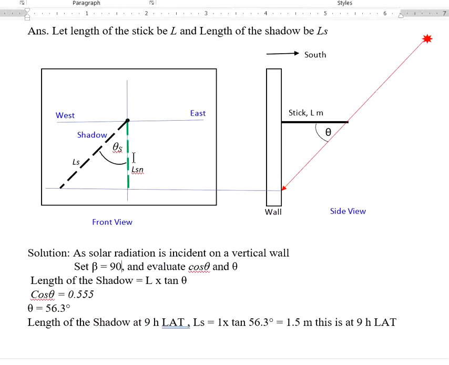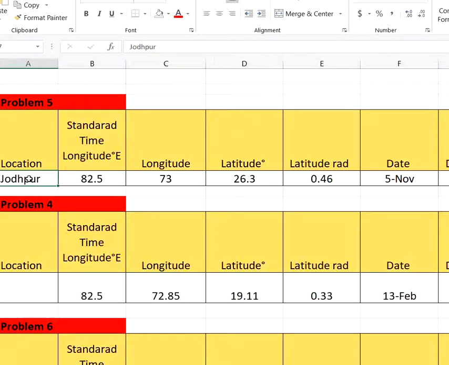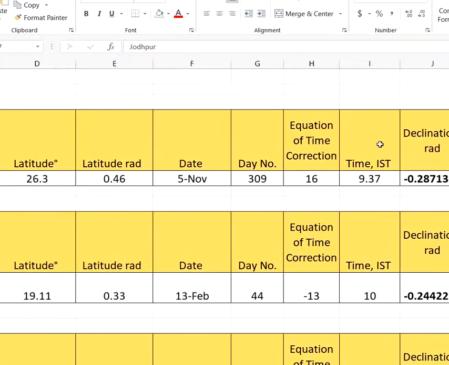Now this is a side view. The sun is coming here and it is giving theta. At the given time the sun will be on this side, so the shadow will be cast on this side. Now coming back to the Excel sheet, Jodhpur is the location, and the standard time, longitude, latitude, all this data is given here.